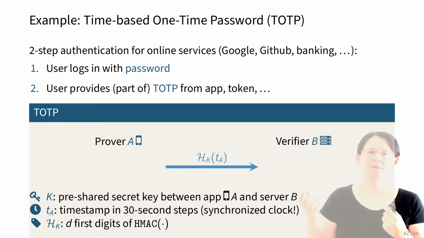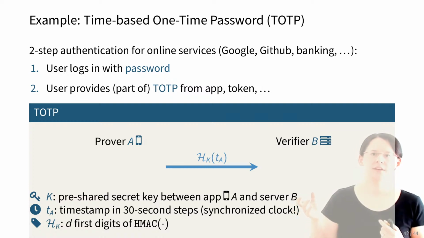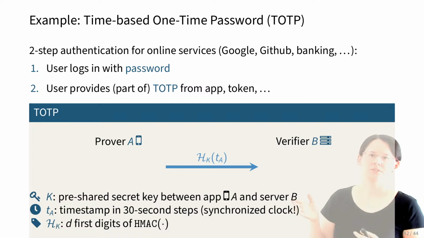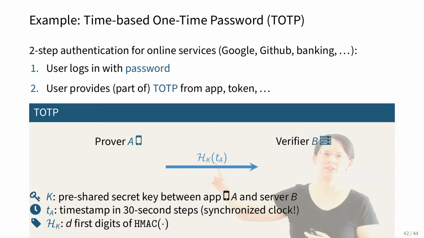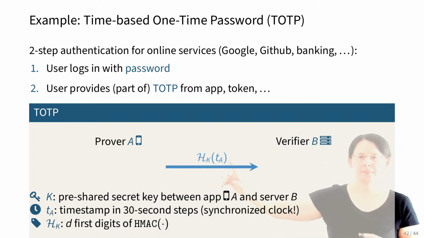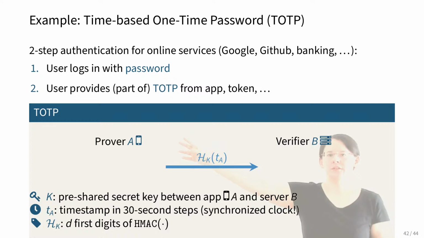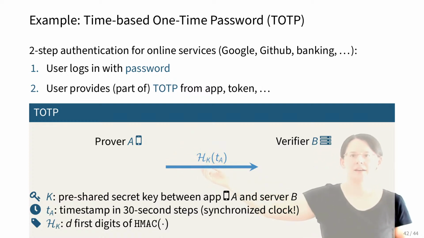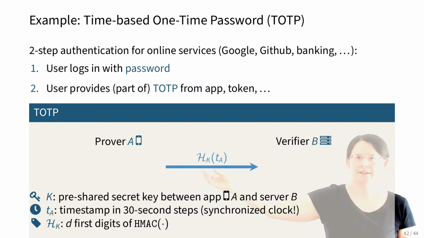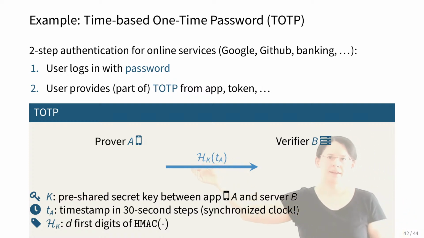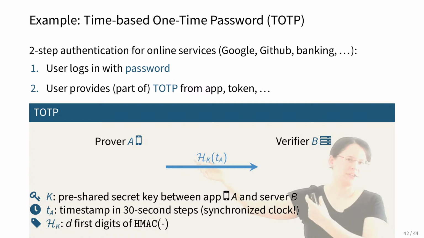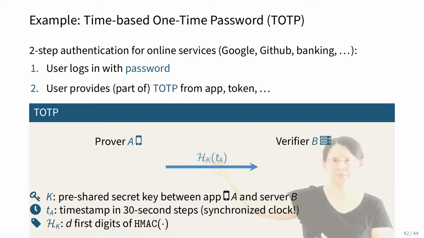Instead, there's an implicit challenge, which is the current time. This protocol uses the current timestamp, which is called here TA. The Google Authenticator app applies a message authentication code, a MAC, to the timestamp, where the key of the MAC is your secret key that both the server and your Google Authenticator app know.